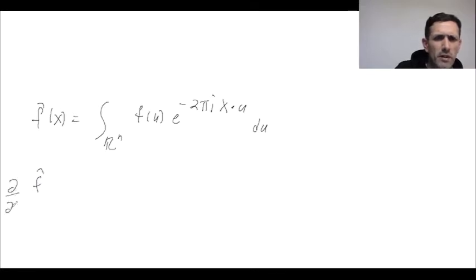So when alpha has order 1, this is just a partial derivative, say with respect to xj, doesn't really matter what j is. All right, so just the usual partial derivative definition.